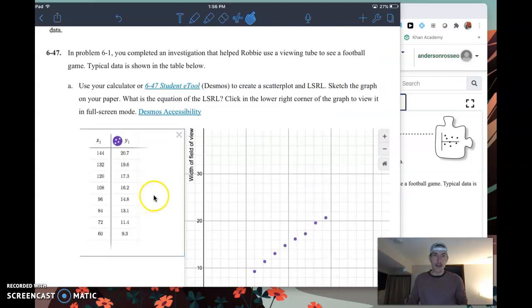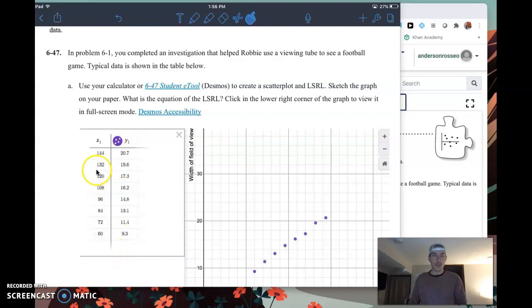It says here, we completed an investigation and helped Robbie use a viewing tube to see a football game. Typical data is shown in the table below. And here's our X data. Here's our Y data. It was something to the effect of if he was standing this far from the tube, he could see this many yards of the field, this wide, and so on.